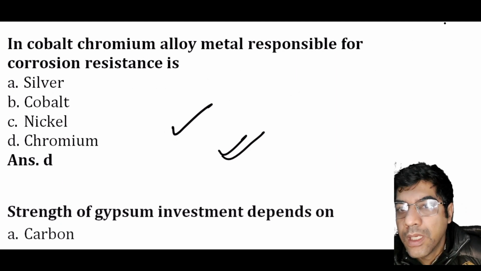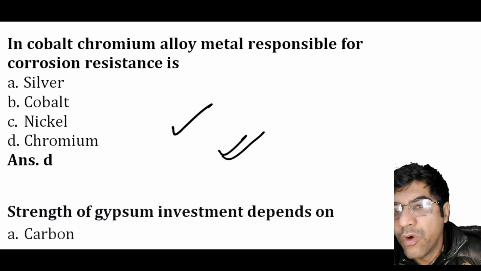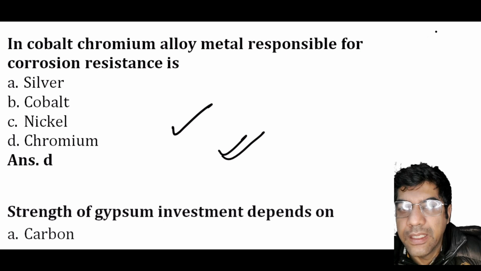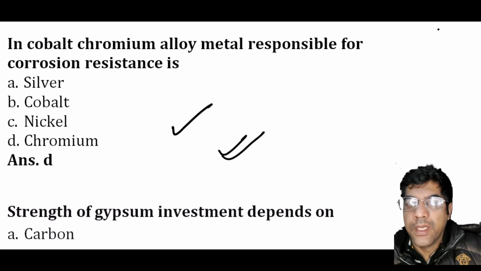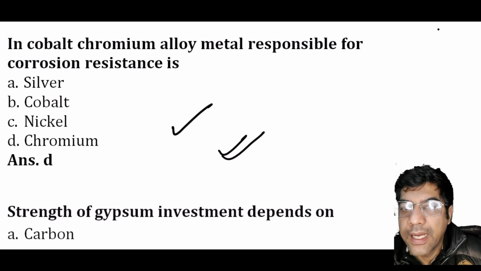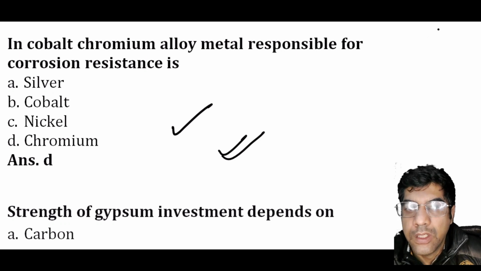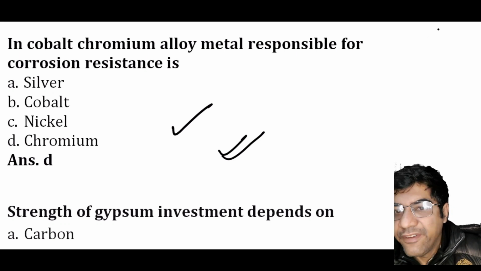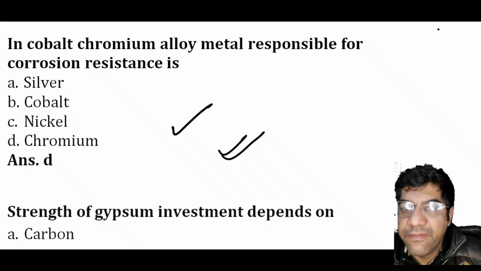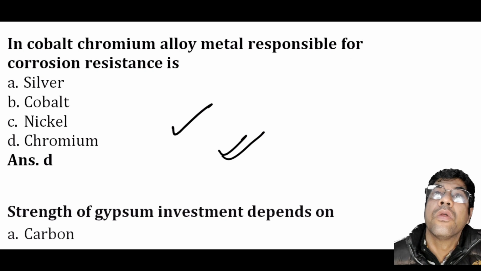The chromium has the ability to form an adherent passivating surface film on the alloy. So this passivating film acts as a protective layer, inhibits any subsurface reaction and prevents further corrosion.